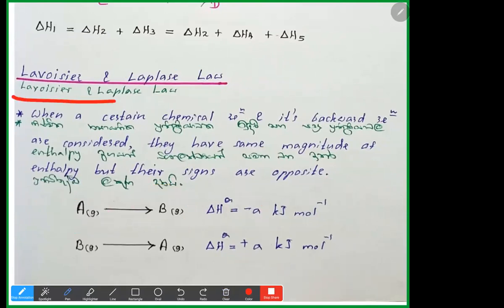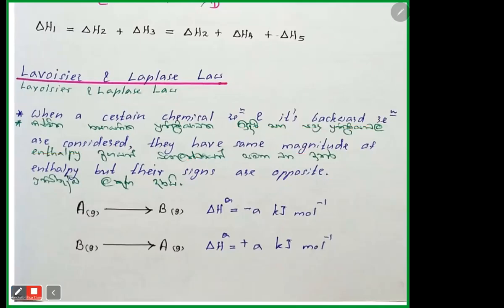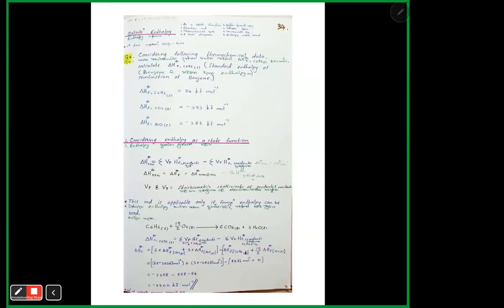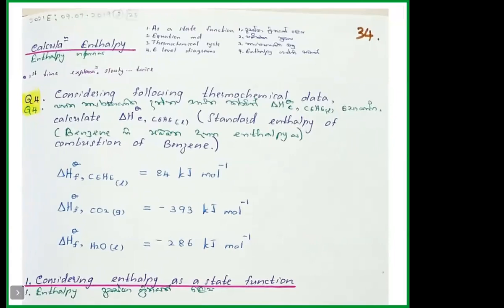That is the Lavoisier-Laplace law. When a chemical reaction and its backward reaction are considered, the magnitude is the same, only the sign is opposite. This is the most important part. If you understand this part, the rest of energetics is like nothing.